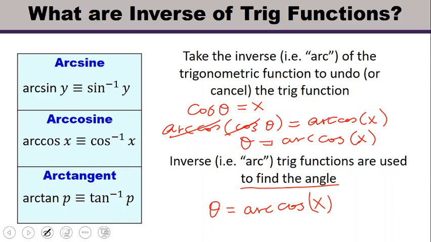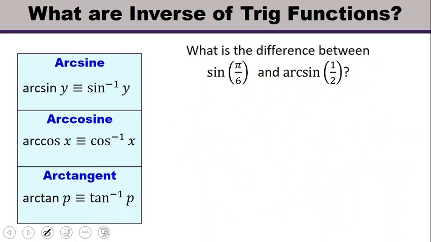So let's see one example. Sine of pi over 6. From our unit circle, we know that sine of pi over 6 equals half, okay? Whenever I take the sine of this angle, I'm looking for the value.